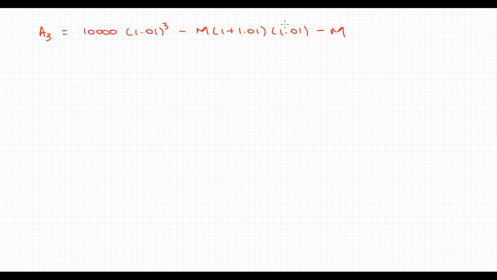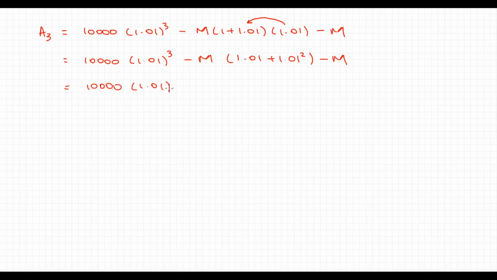So if I take the 1.01 here and multiply it into the bracket, then what that gives me is, I've still got the 10,000 times 1.01 cubed minus M times 1.01 plus 1.01 squared, minus M. And now I'm going to factorize the M out from the last two terms, and that's going to bring us to the expression 10,000 times 1.01 cubed minus M times (1 plus 1.01 plus 1.01 squared).